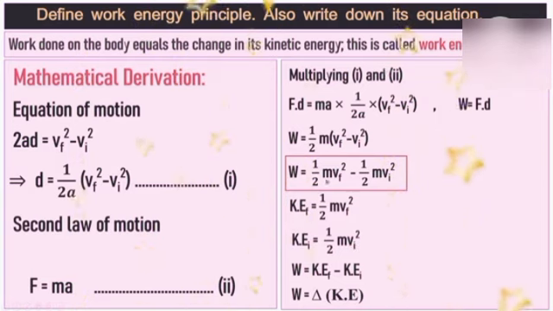So we replace both these quantities with KEf and KEi. So W is equal to kinetic energy final minus kinetic energy at its initial position. Now the difference of both these energies will be equal to delta kinetic energy.